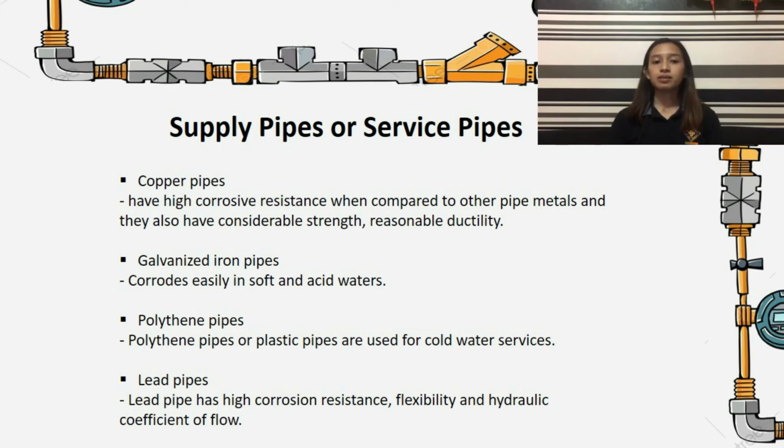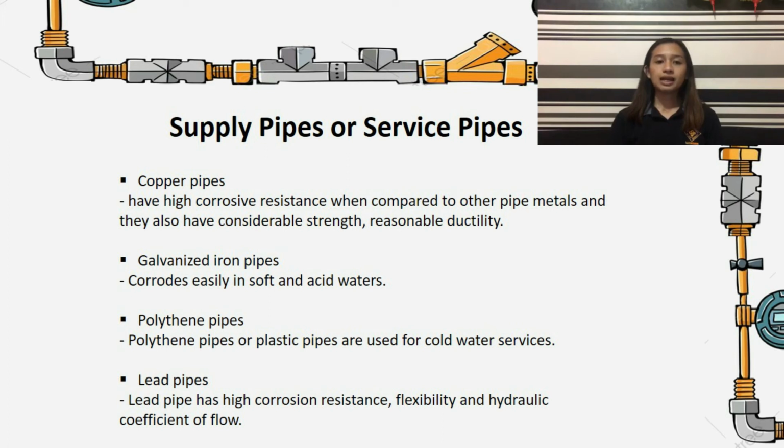Galvanized iron pipes or steel pipes are very economical, but they corrode easily in soft and acid waters. These are used in places where chances of corrosion are less or in hard water areas. Polythene pipes or plastic pipes are used for cold water services because they do not corrode, and they are also resistant to bacterial scale and they are easy to install.